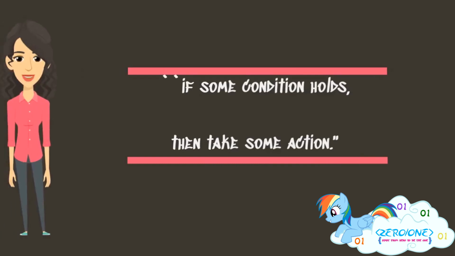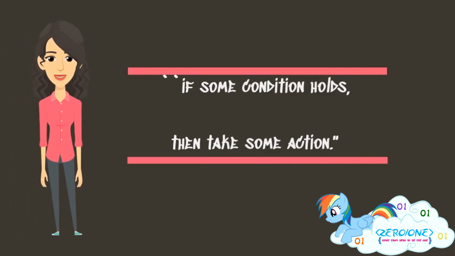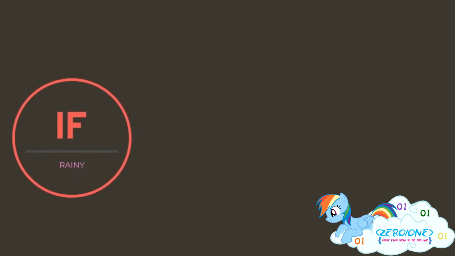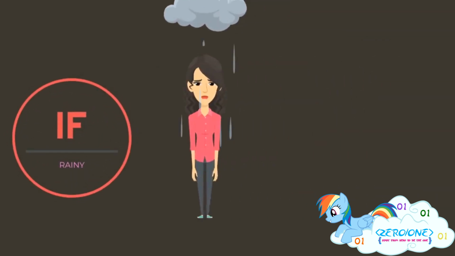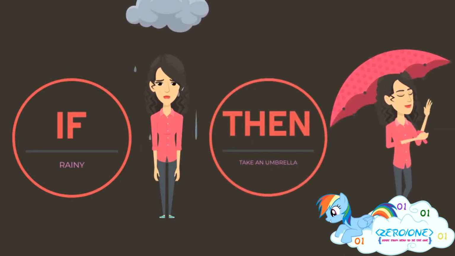For instance, all of the languages just mentioned have some form of an if statement, which says, if some condition holds, then take some action. Or in a concrete way, if it is rainy, then take an umbrella. And as we can see here, it is very similar to our natural language.